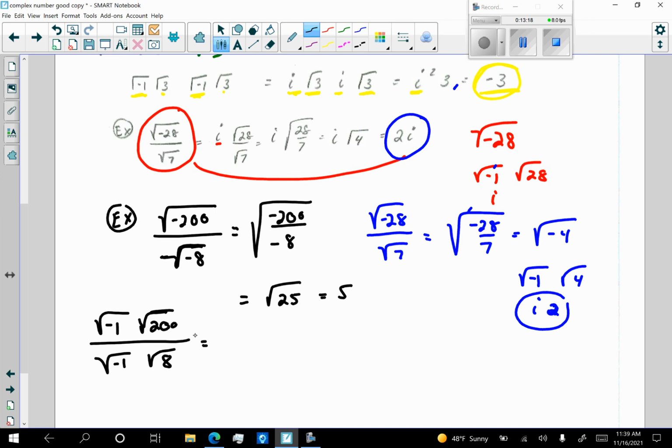That's going to be the square root of negative 1 is i, over i, square root of 200 over 8. i divided by i, ladies and gentlemen, is indeed 1. Oh, so this is the square root of 25, and this time it is correct. So my first reasoning was correct there. But I'm going to tell you, you have to be very careful. Always pull that negative 1 out first.